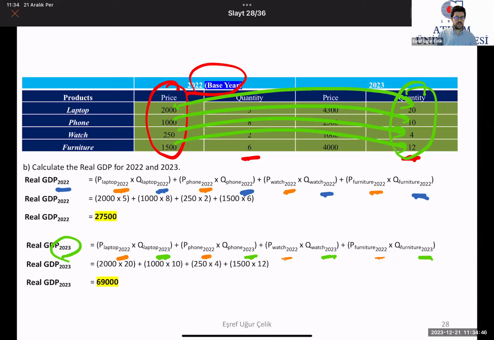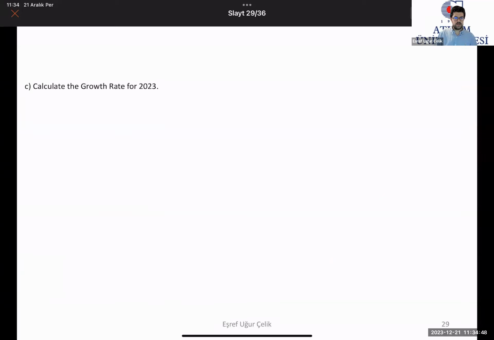And let's talk about the growth. For the growth, we use the percentage change formula. Which indicator can we choose, nominal or real? The nominal GDP contains the price effect. We cannot understand whether the increase or decrease comes from price changes or quantity changes.